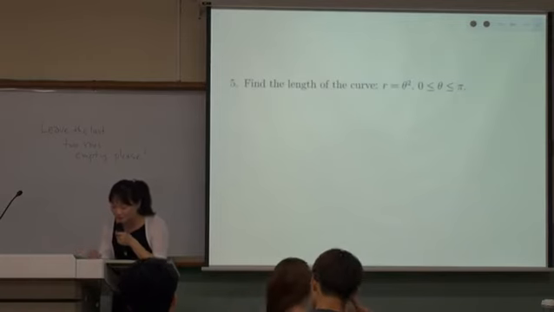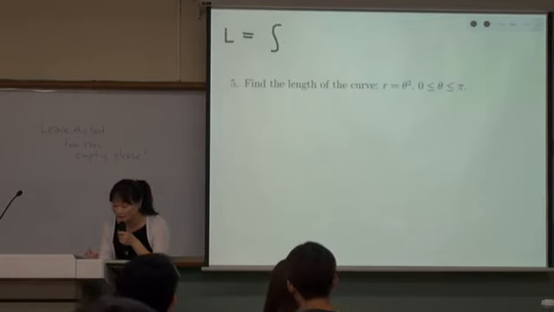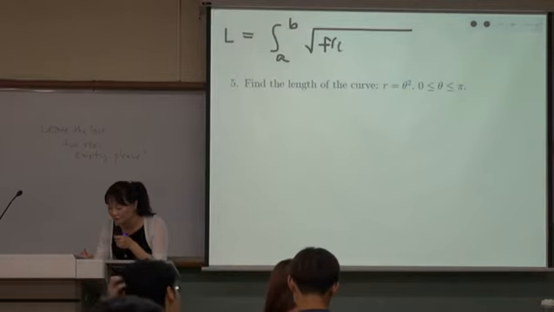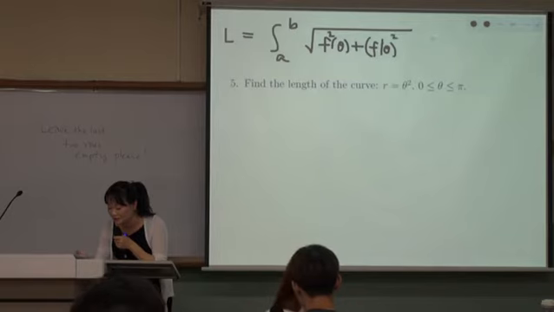Again, what's the length formula? Integral a to b square root of f theta squared plus f prime theta squared d theta, right?